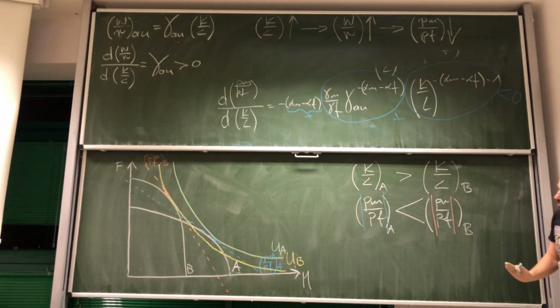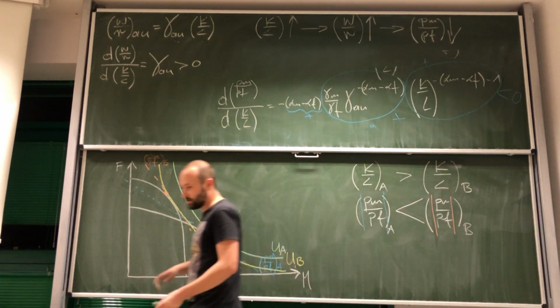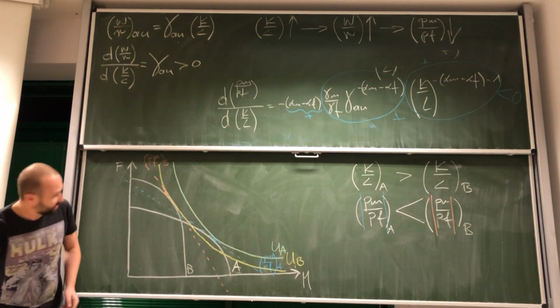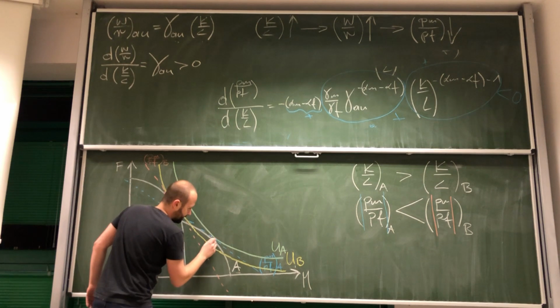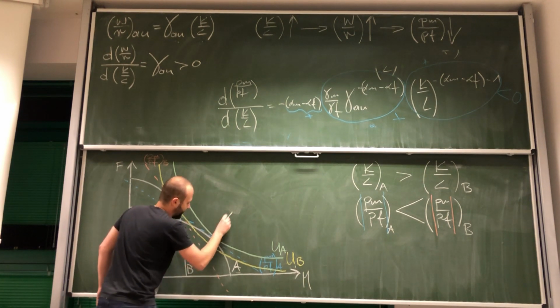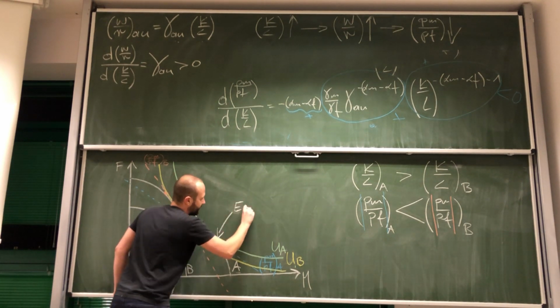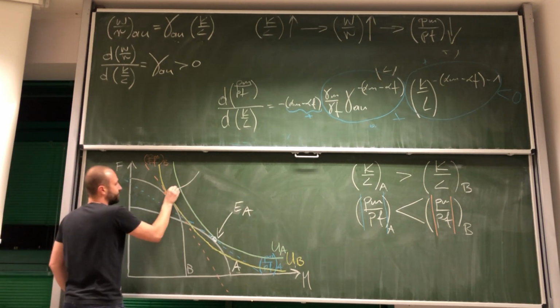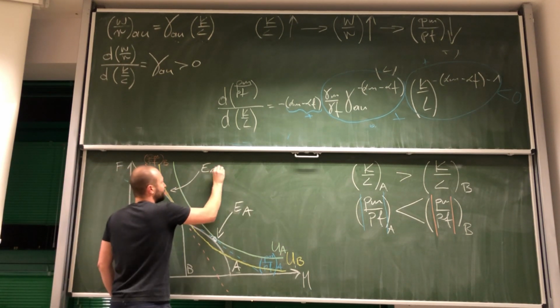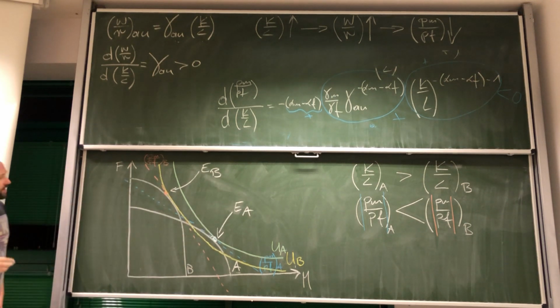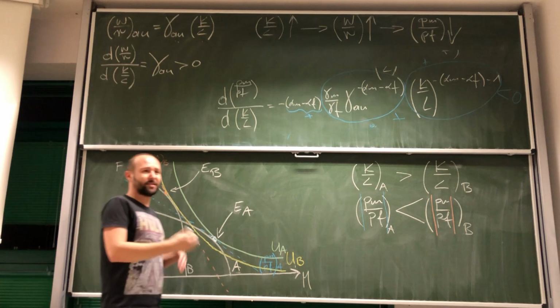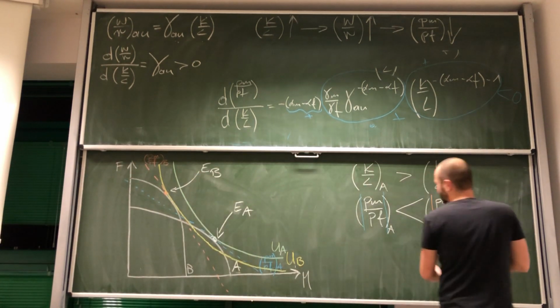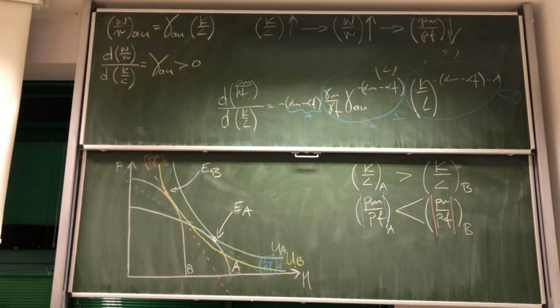Now we have established equilibrium points for our two countries. Here we have equilibrium in Austria, and here we have equilibrium in Bolivia. This graph basically summarizes autarky in two countries.